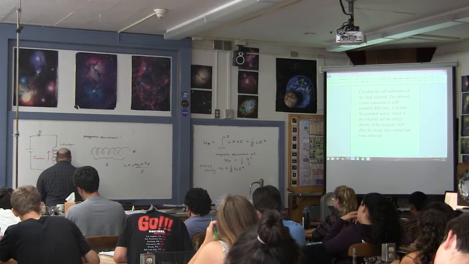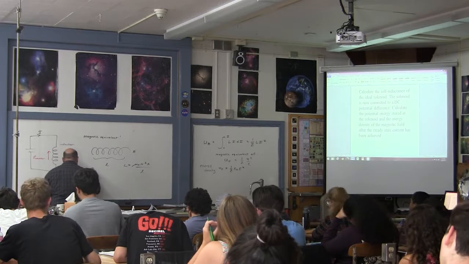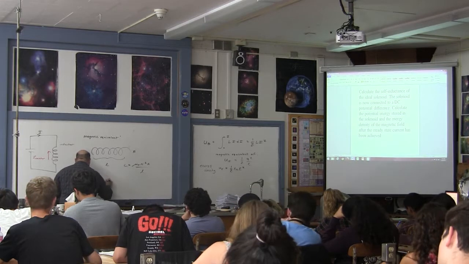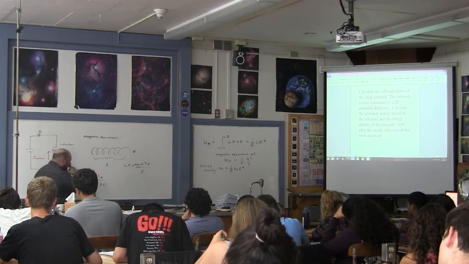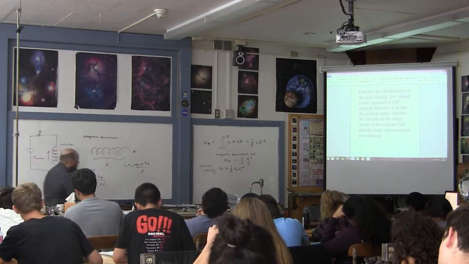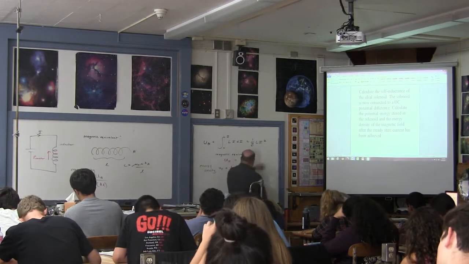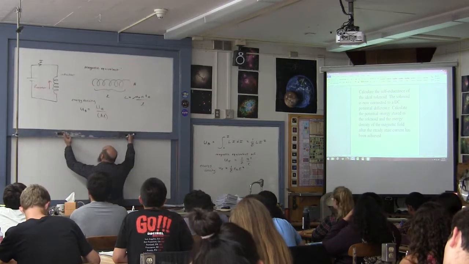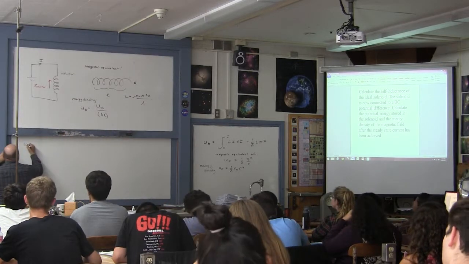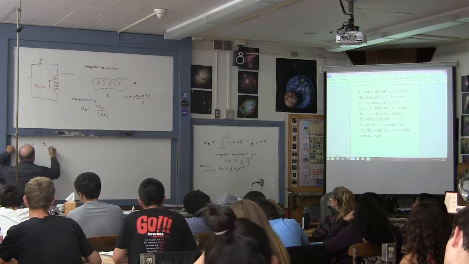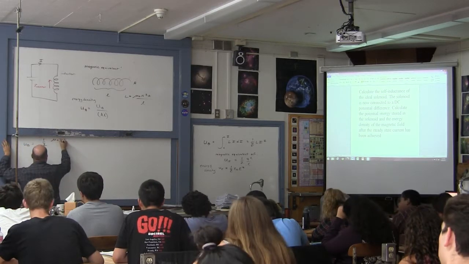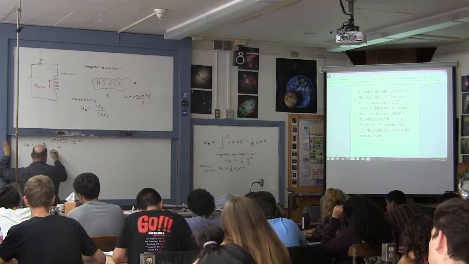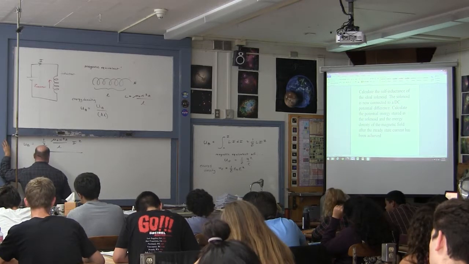The energy density, little u sub B, is capital U sub B over the volume, A times L. So I've got to take this and divide it by A times L. So 1/2 L i squared over A times L.